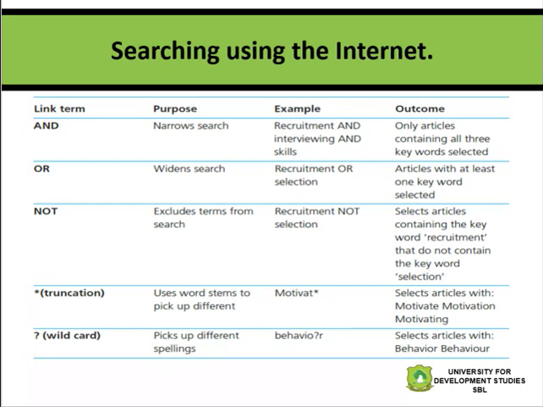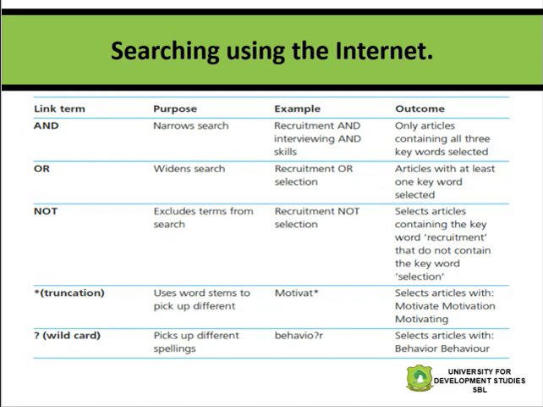I can also use truncation, and truncation is used to pick up the different variants of a particular word. So, for instance, we have motivate, we have motivation, we have motivated, and whatnot. And you realize that all these words start with motivat.